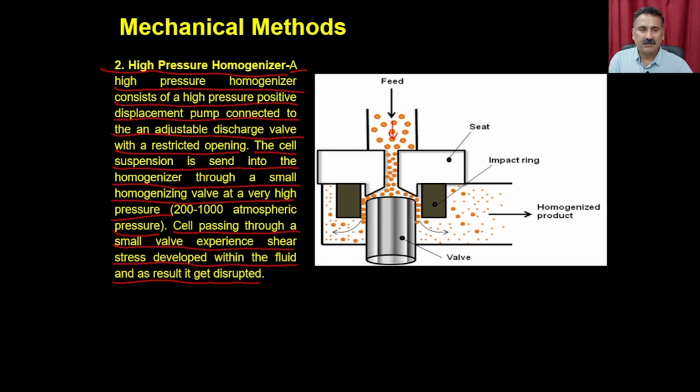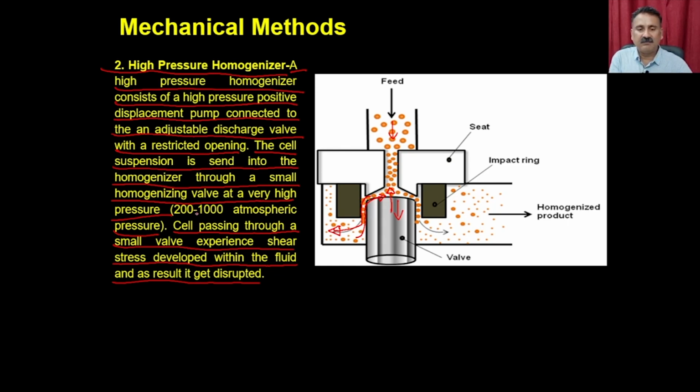So you add the cells, and this is the high pressure homogenizer, where this valve can move in the up and down direction. When it goes up, all the cells pass through this tiny pore and come out. When it comes down, the cells go back again. When these cells pass through these small pores, they experience shear stress.